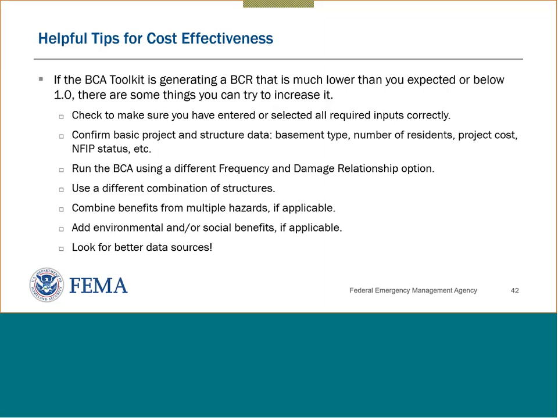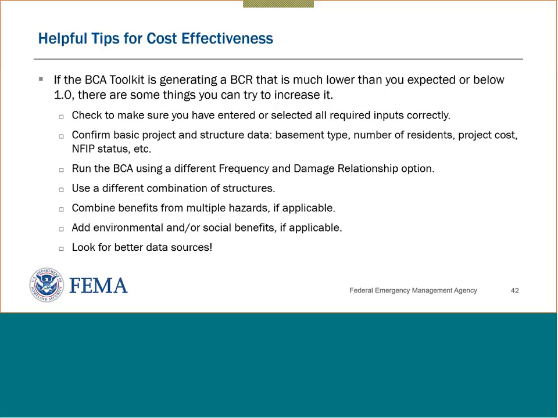For example, for buildings that you want to elevate, you need to make sure that you know the type of basement, the number of residents, the project costs, and so forth. As I mentioned before, you can run your BCA using a different frequency and damage relationship, whether it's model damages if allowed, historic, or professionally expected.